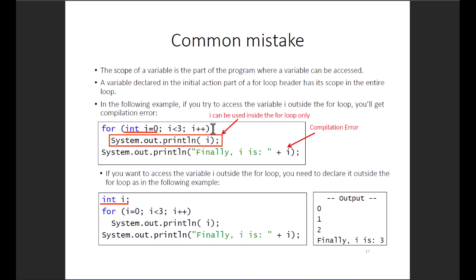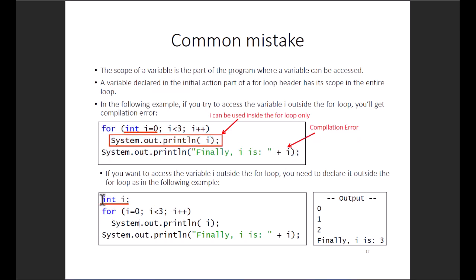Another problem is that if you are declaring the variable I in the for loop, the I cannot be used outside the for loop. You see this over here, this is a for loop with 2 lines only, 1 line and the for, so the body is a single statement. The I was declared in the for loop, so it could be used only over here in the body of the for loop. It cannot be used outside the for loop.